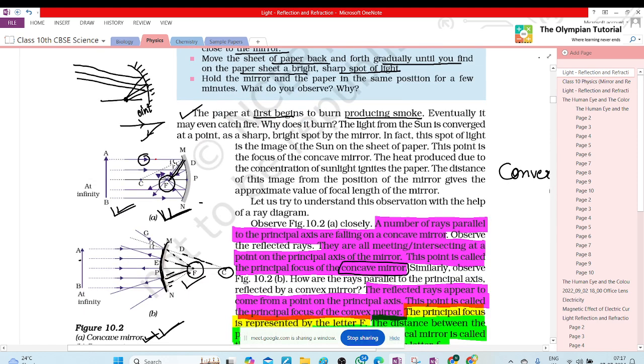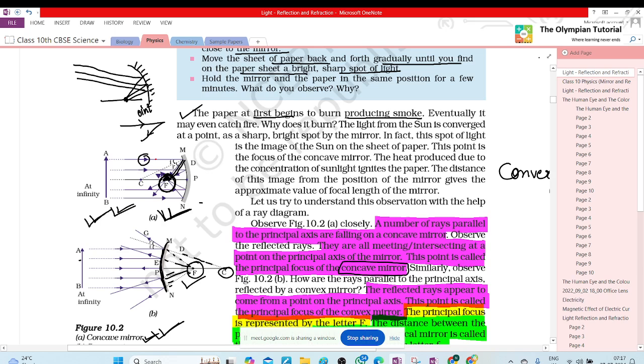Next one, focus. Focus means this one is a concave mirror, a converging mirror. All parallel rays are coming and after converging, meet at the same point. This point is known as focus, and the distance between P and F is known as focal length. That's why if any paper is kept at point F, it starts burning.